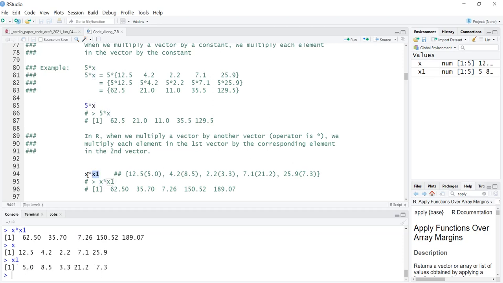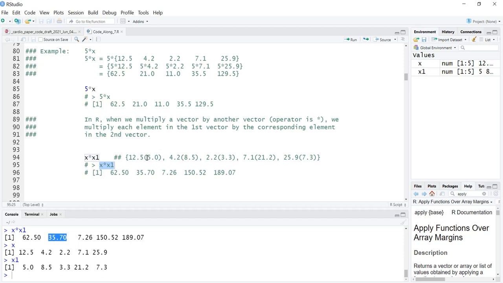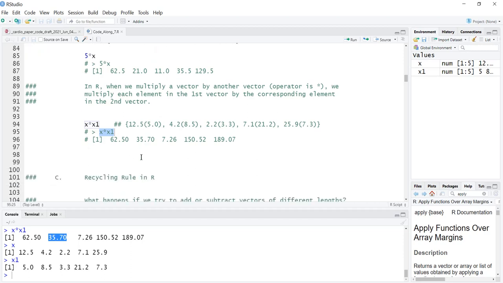Here is x1. If I multiply these this way, it's taken 5 times 12 and a half and given me 62.5. It's taken 8.5 times 4.2 and given me 35.7, etc. So it takes the corresponding elements and multiplies them together. It doesn't do anything else, it just does that, which is fine. Sometimes that's what we want, okay?